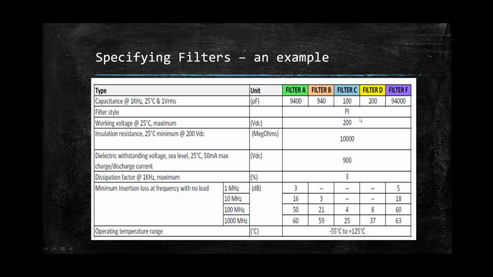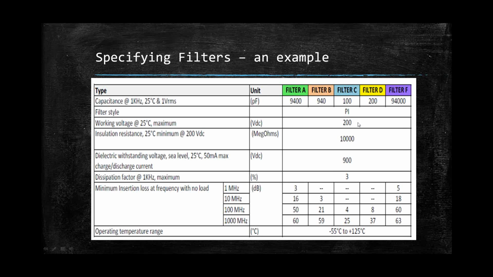Now, usually what we do is we have a limit of 10% between the highest and the lowest. So filter A and filter F can be on one capacitor. Filter A and filter B can be on another. So this is actually for an airing style connector with 3 cavities, and they had the different capacitance values. So you specify the pi circuit. You can specify your working voltage.